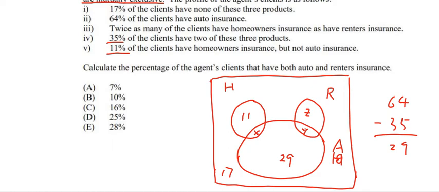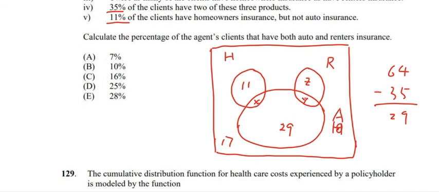So we need to solve for those x, y, z. So how can we solve? At the first we say x plus y equals 35, right? And also the total is 100. So x plus y plus z equals 100 minus all the others, minus 17, minus 29, minus 11.